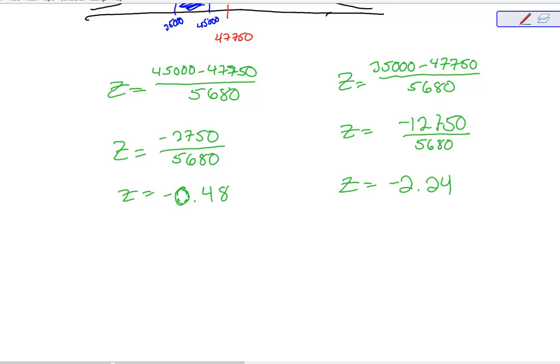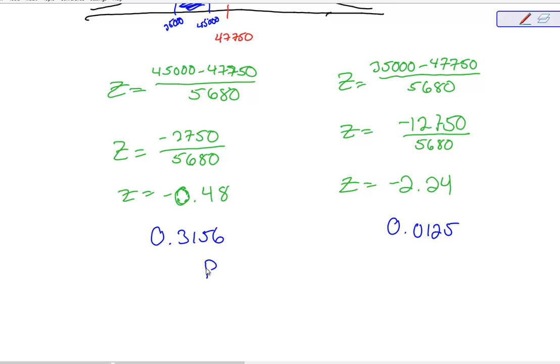Negative 0.48 to the left gives me a probability of 0.3156, and a negative 2.24 gives me a probability of 0.0125.